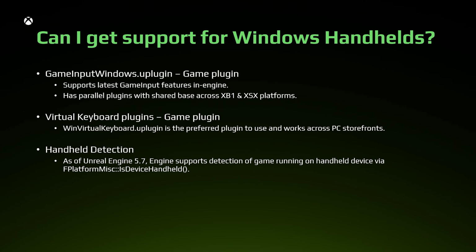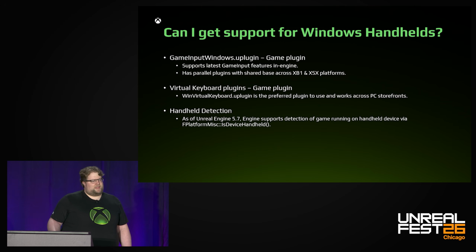There's a virtual keyboard plugin that makes it very easy to ensure that you still prompt the virtual keyboard on the appropriate devices for text input. And there's also handheld detection, an engine function that determines if the game is running on a handheld, which can be used to do different runtime behavior, modify performance, basically do bespoke behavior when running on a handheld.